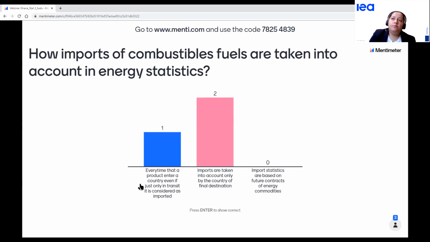So how do we report imports of combustible fuels in energy statistics? Do you include transit? Do you include only the country of final destination? We already have a few answers coming in. I'll give you a few more seconds.